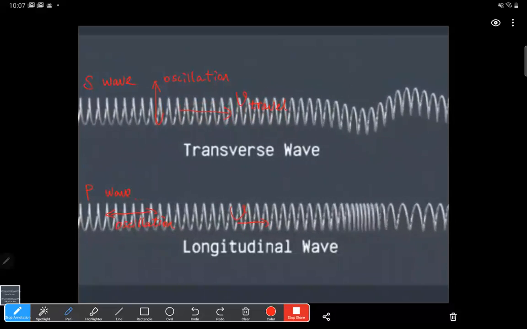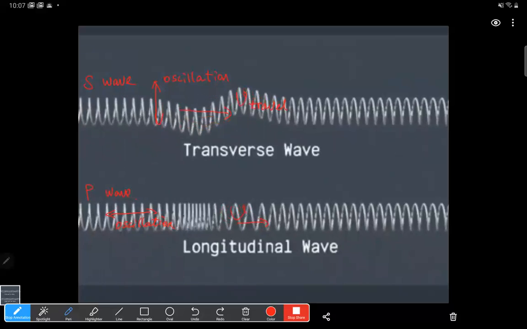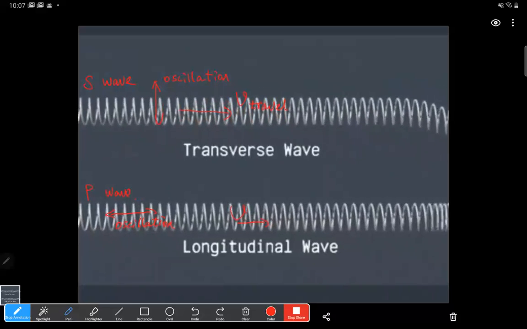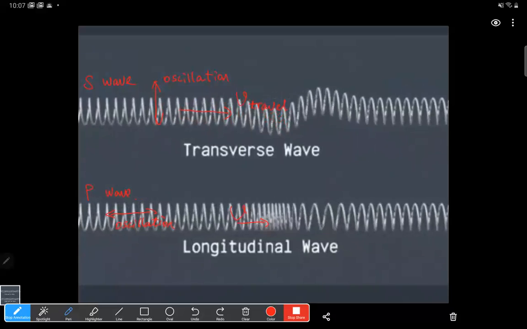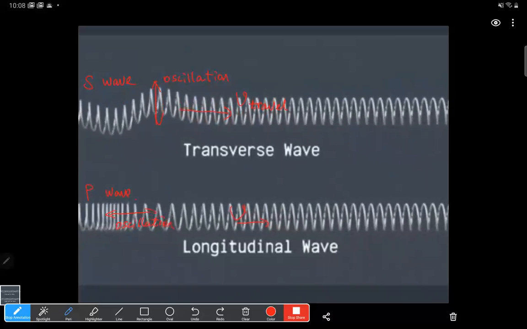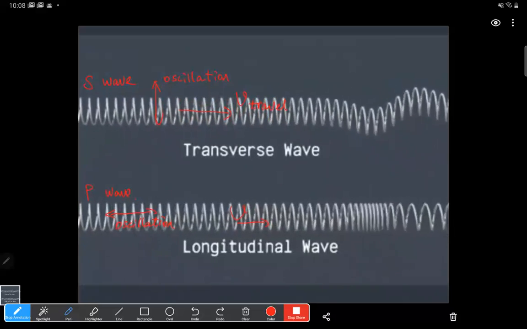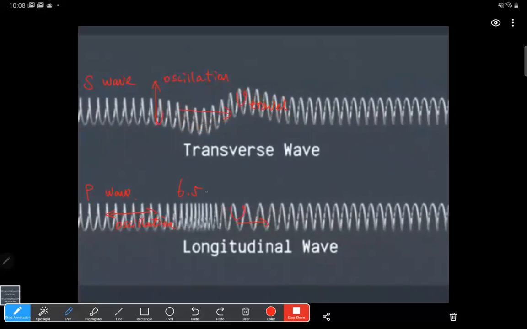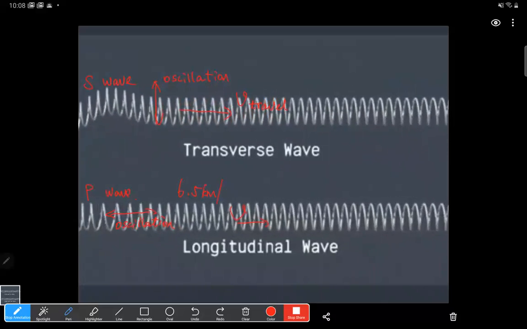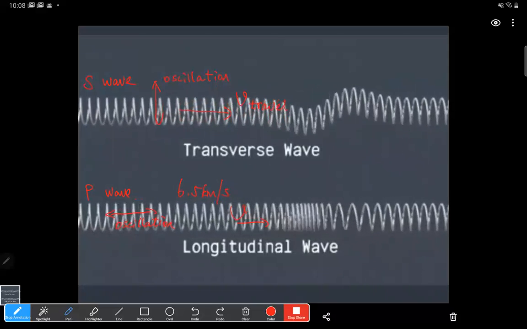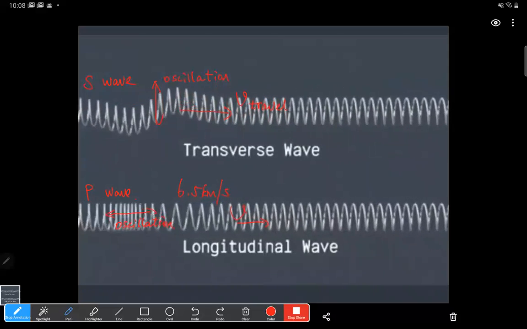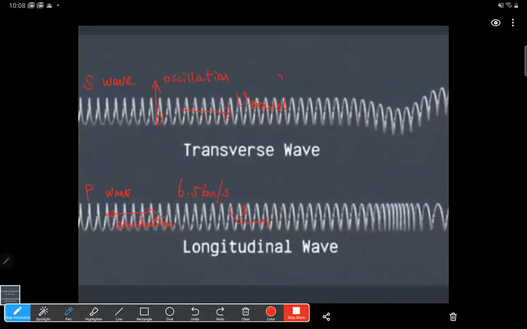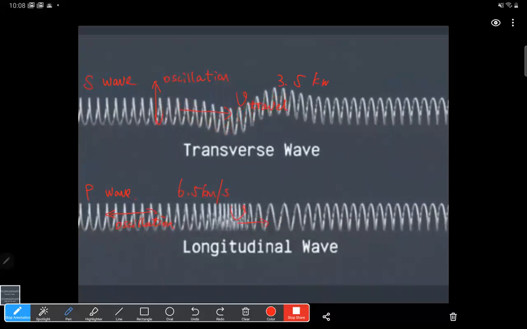And you can also find that the longitudinal wave is usually faster than the transverse wave. So the P wave has a larger speed, 6.5 kilometers per second, and the S wave has a slightly smaller speed, 3.5 kilometers per second.